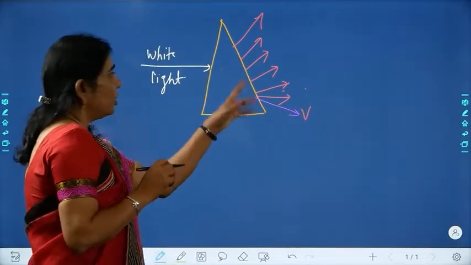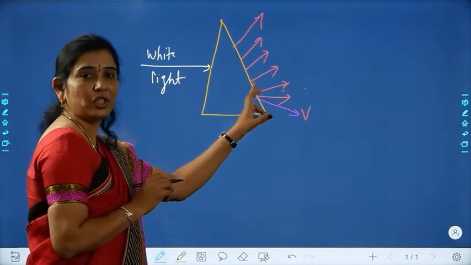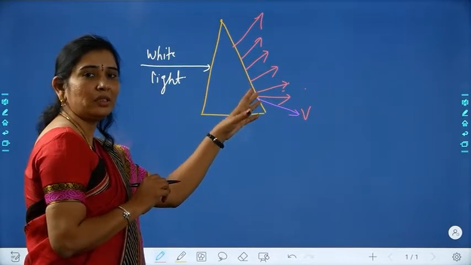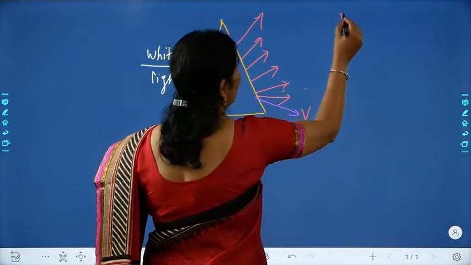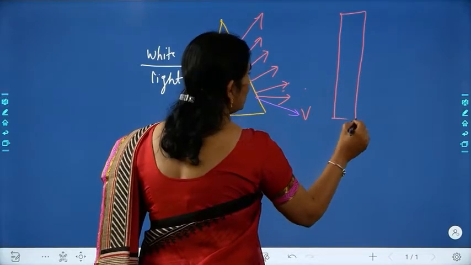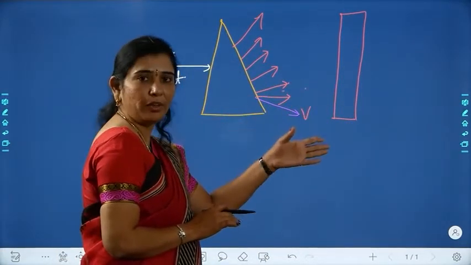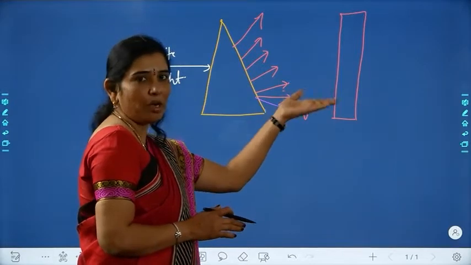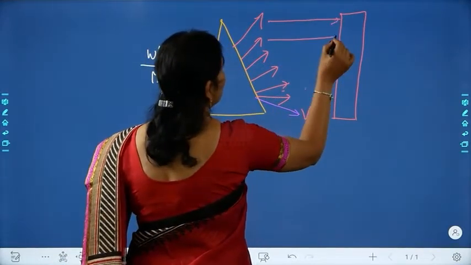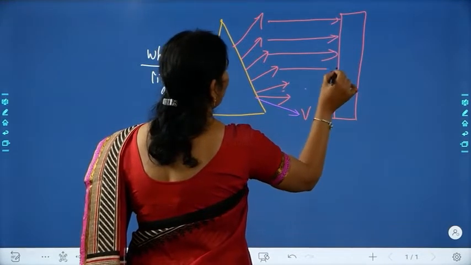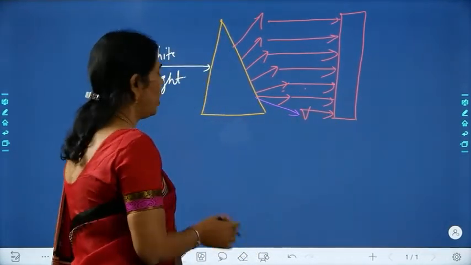Right? Now these light radiations, which have different wavelengths, exhibit different colors. When these colored light radiations are allowed to fall on the photographic plate, it is a photographic film, which is a black plate actually. So on this, when you make these colored radiations fall on this plate, what is going to happen here?